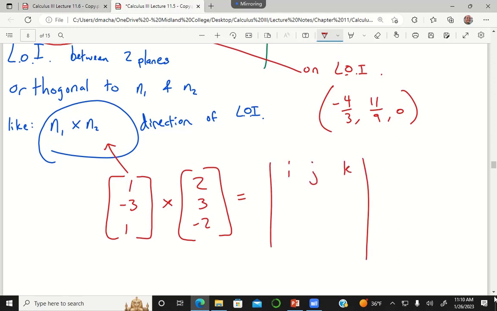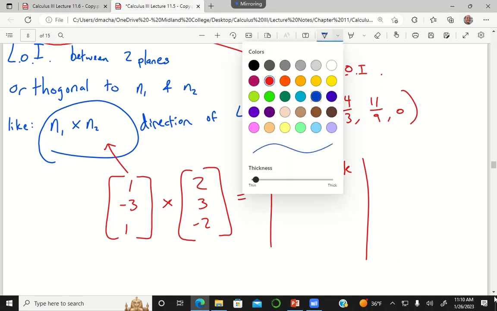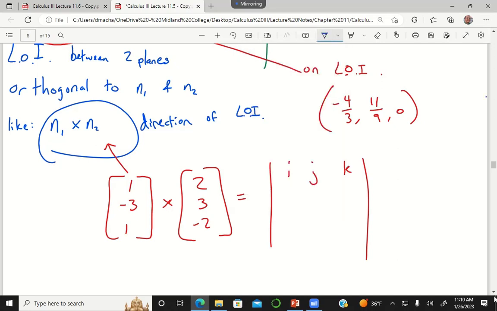And I keep calling this a matrix. This is not technically a matrix because a matrix would have entries that are all just scalars. In a matrix, all the entries are just numbers. But remember, i, j, and k are representing our standard unit vectors. And so those are not numbers. And so that makes this not a matrix. And so it's not really a determinant. This is just more like a good calculation trick.